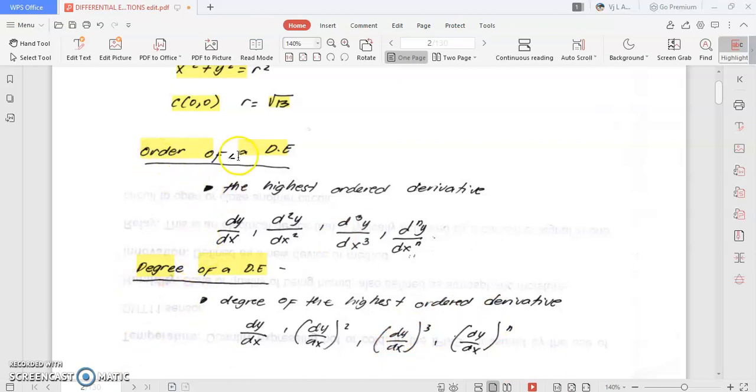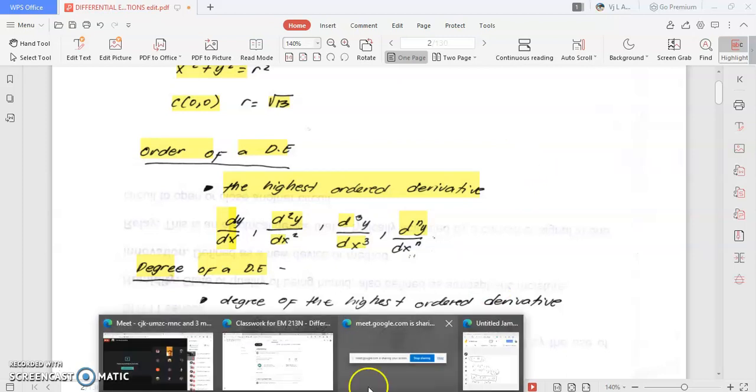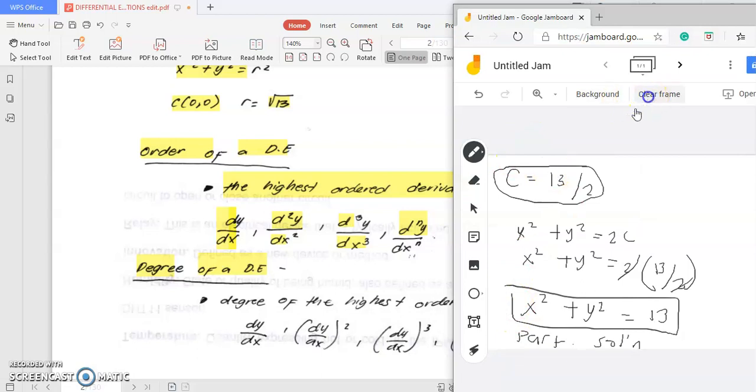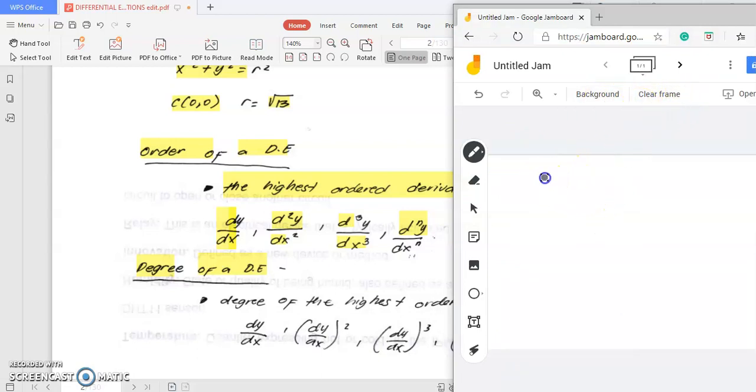Okay. So, in the order of differential equation, you need to look at the highest order derivative. So, this is first order because this is dy over dx only. This is second order because you have d squared y over dx squared. And you have here third order and so on, nth order. Your dy over dx is just the same as when you derive y is equals to the given equation.